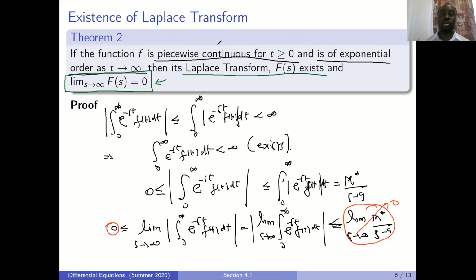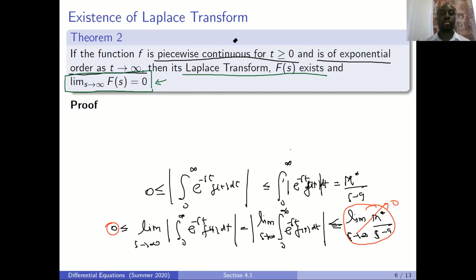And so we can conclude by the squeeze theorem that really there's only one thing that can happen to our function, at least in absolute value. So we have by the squeeze theorem that the limit as s approaches infinity of the absolute value of the integral from 0 to infinity of e to the minus st f of t dt is 0.